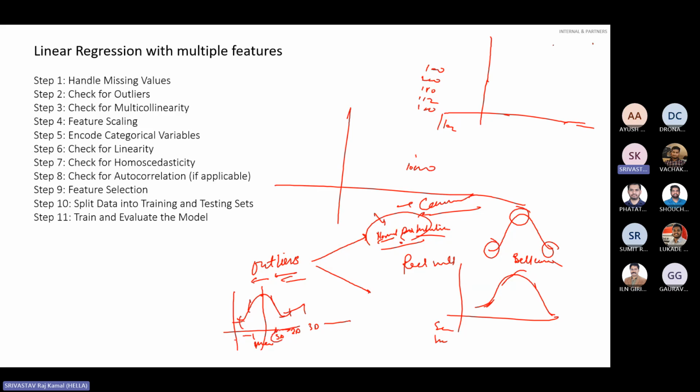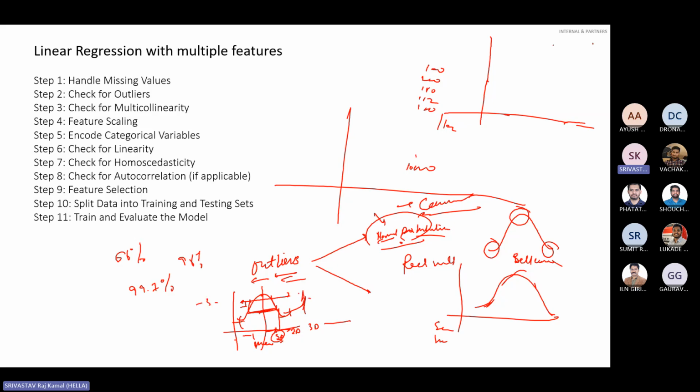Whoever doesn't know, standard deviation is a term which says, after reducing to a smaller unit equal to one standard deviation, what is the value? So in normal distribution, 66% of the values lie within one standard deviation, from -1 to 1. 95% of the values lie within two standard deviations. 99.7% of the values lie within three standard deviations, from -3 to 3.